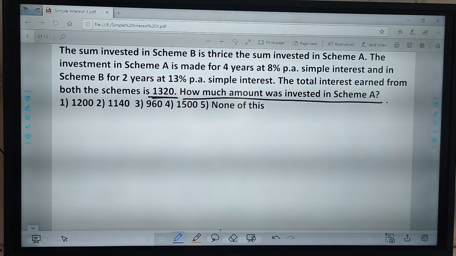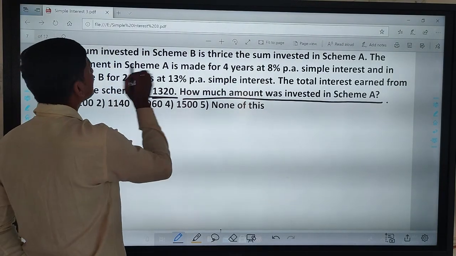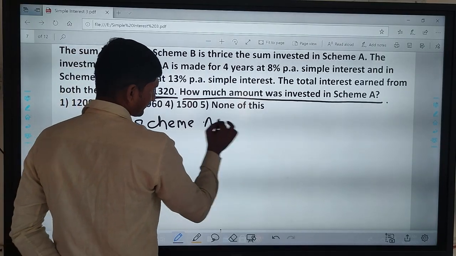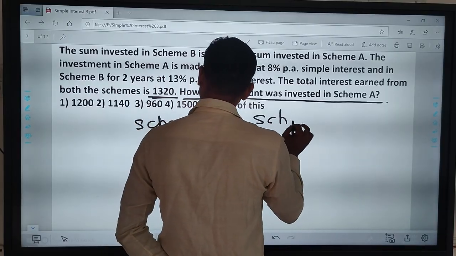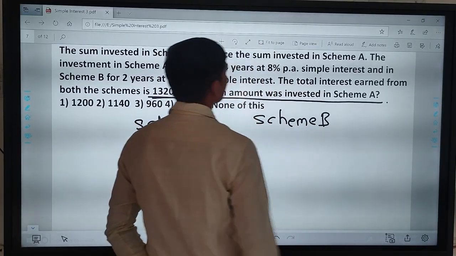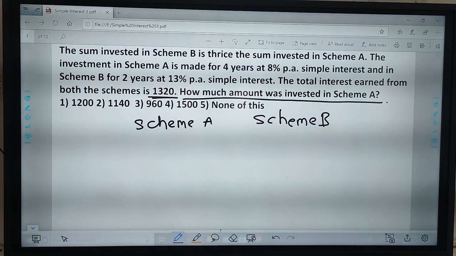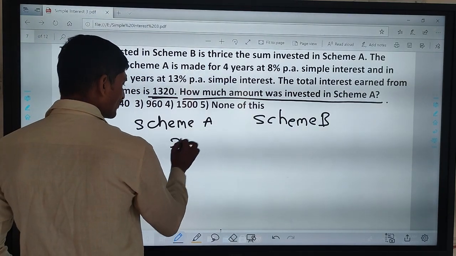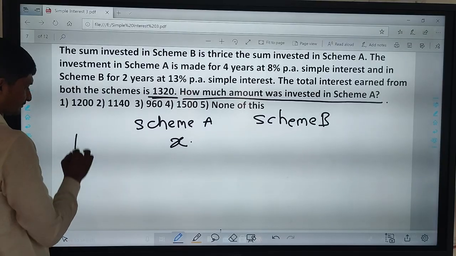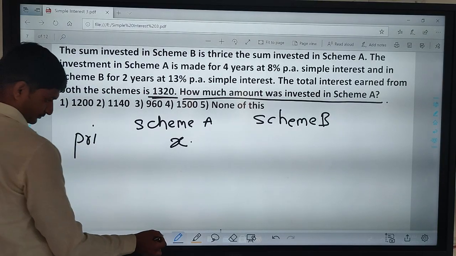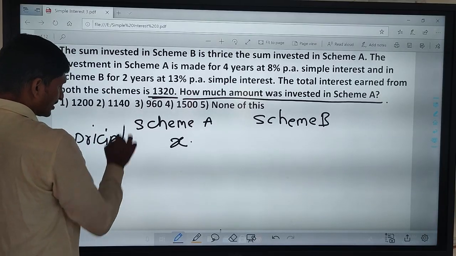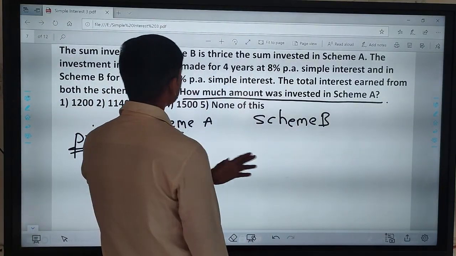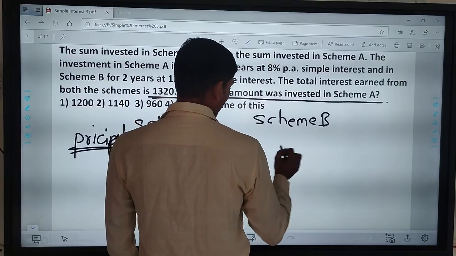Here there are two schemes, scheme A and scheme B. Here the sum invested in scheme B is thrice the sum invested in A. A's principal is x, and scheme B's principal is 3 times A, that is 3x.